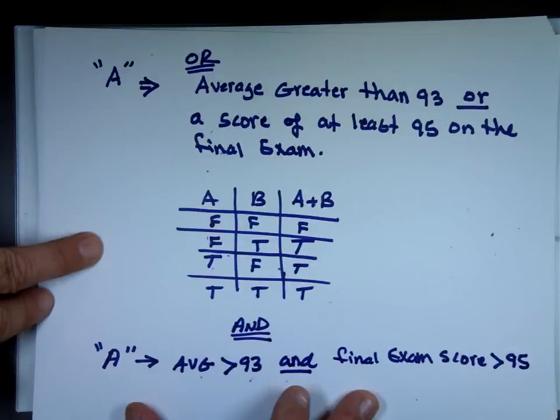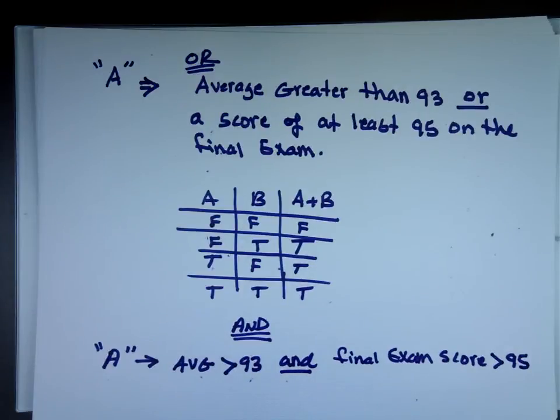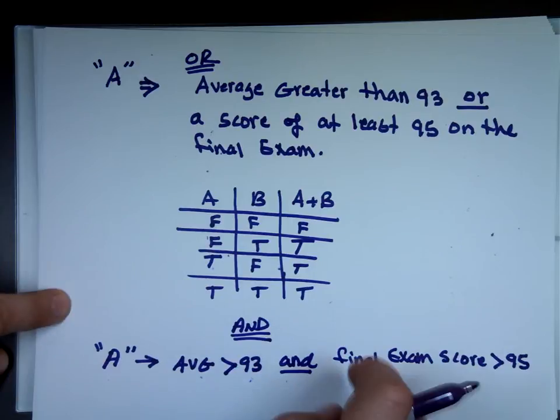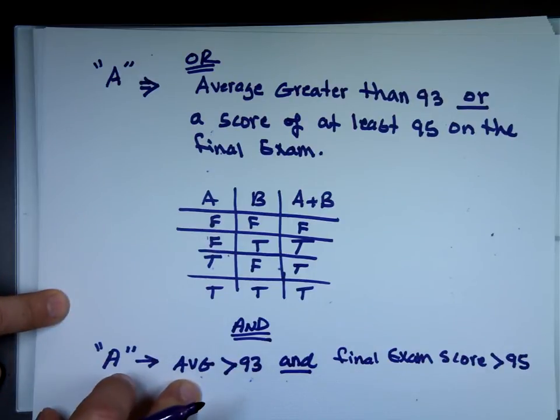What happens? Let's say you got a 97 average, 100 average. You got 100 on every single test. You take the final exam and you get a 94. What happens? You're not getting an A. Maybe A minus, but you're not getting an A. Both of these have to be true. Both of them.